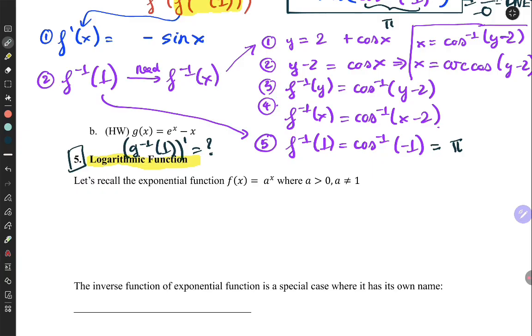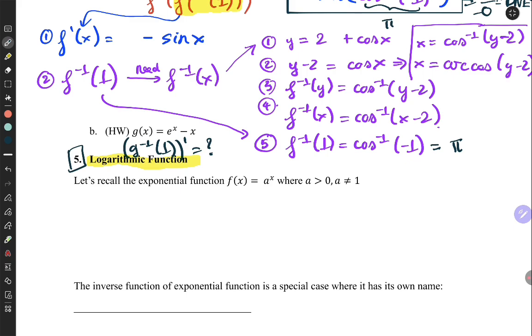But the exponential function, the inverse of that, logarithmic. It has a special name.